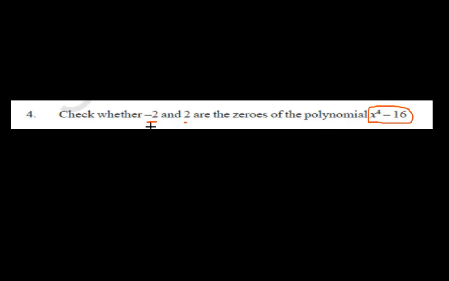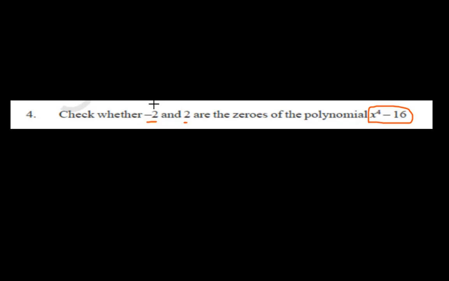Means, if we substitute minus 2 in the place of x, then if the value of this polynomial becomes 0, then we say minus 2 is the zero of this polynomial. Otherwise, it is not a zero of this polynomial. Similarly, if you substitute 2 also in the place of variable x, and if the polynomial value becomes 0, then we say 2 is also the zero of this polynomial.